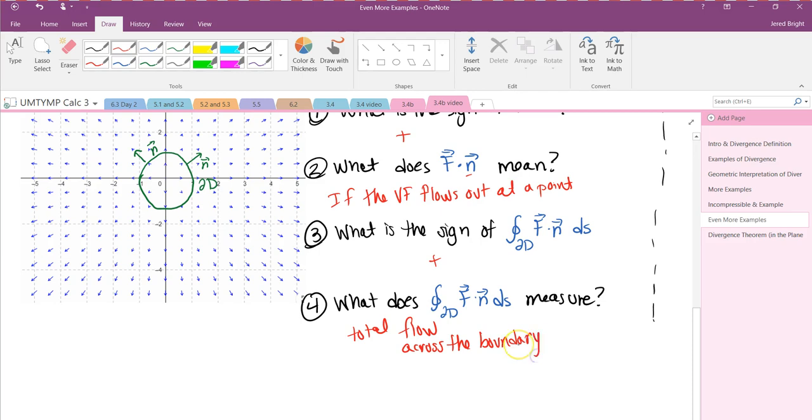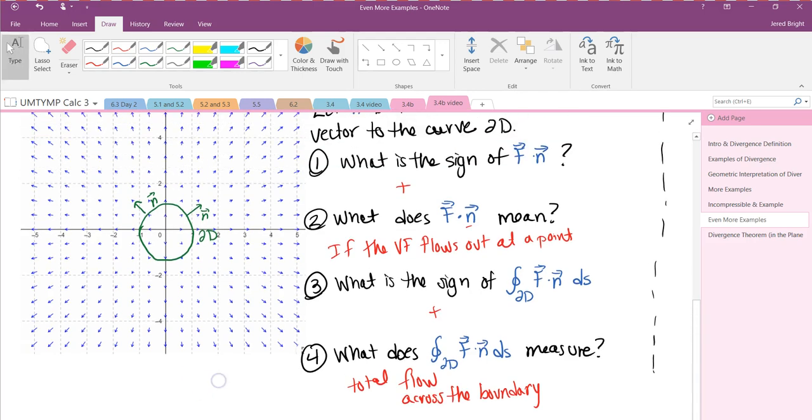Because what this unit normal vector is doing is it's a vector on the boundary, right? And so we're looking at flow out of the boundary, or sorry, flow out of the region, which is to say that at some point we're looking at when the vector field crosses the boundary that we have set up.